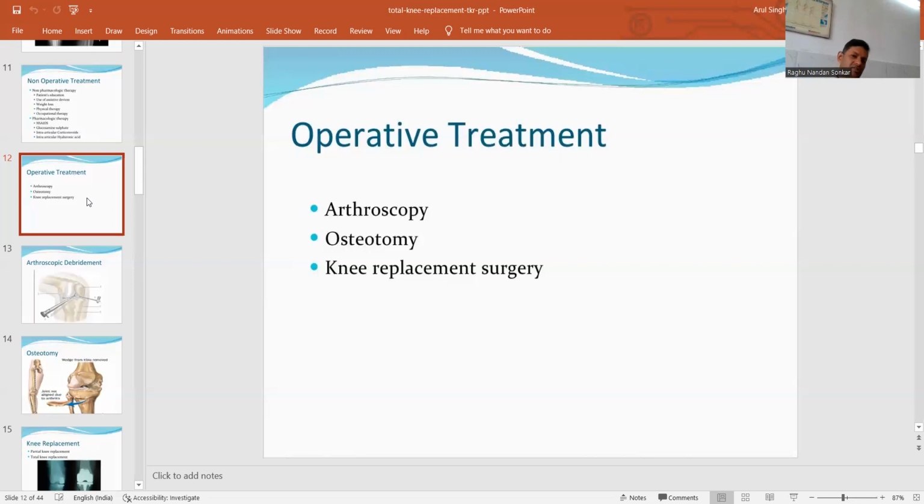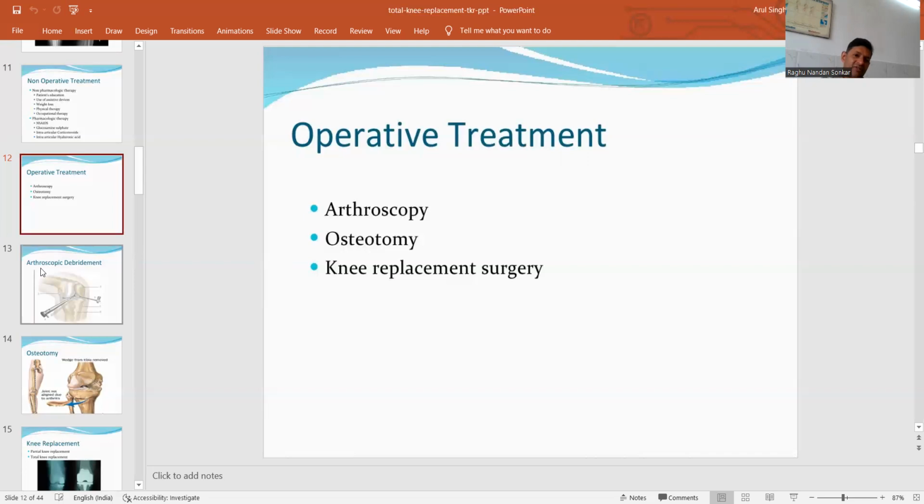When a patient comes in the initial stage with symptoms of osteoarthritis stage 1 or stage 2, we can evaluate the patient, do MRI, X-ray.